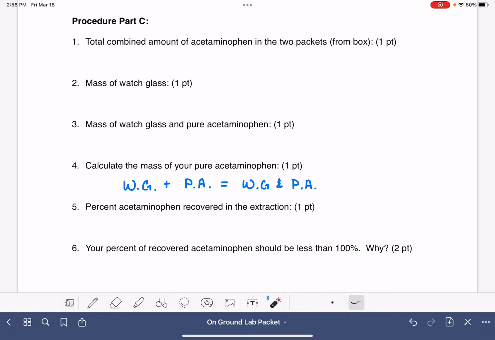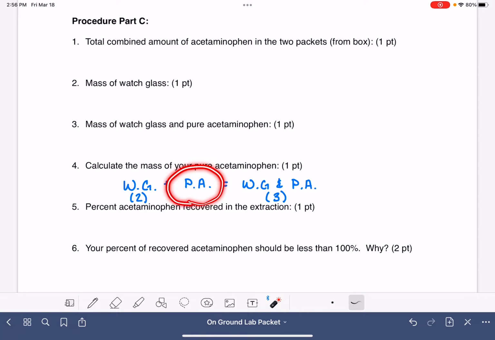When you look at it like that, it's probably pretty obvious. The mass of the watch glass is the quantity that you recorded in problem number 2, and the mass of the watch glass with the pure acetaminophen is the quantity that you reported in problem 3.